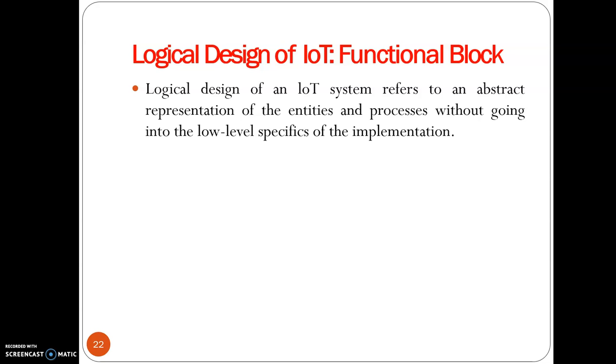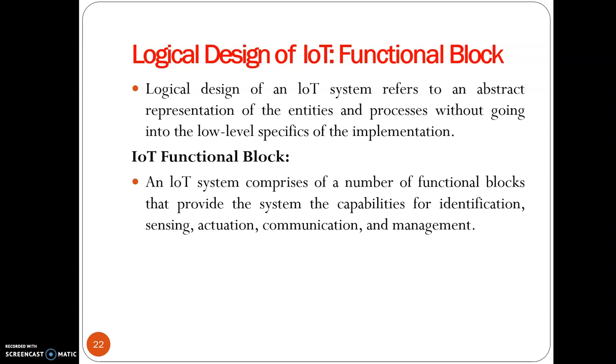So in this section of the video, we are going to describe the functional blocks of an IoT system. An IoT system comprises a number of functional blocks that provide the system capabilities for identification, sensing, actuation, communication, and management.